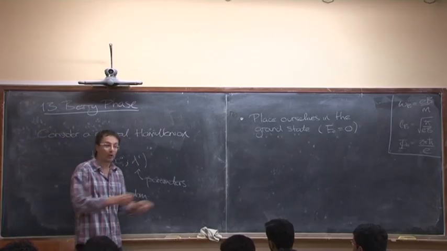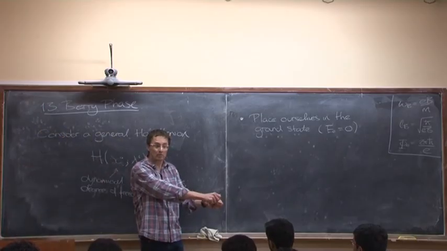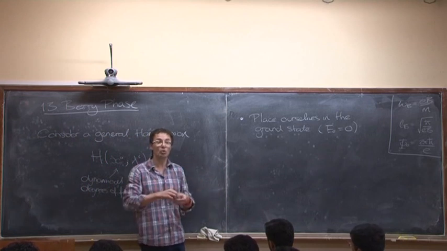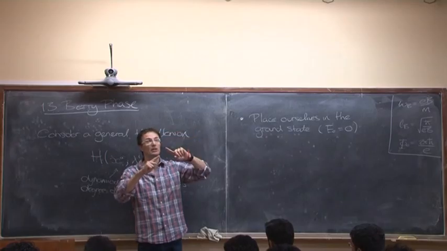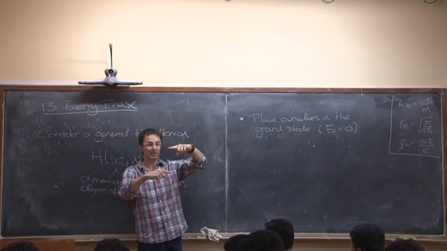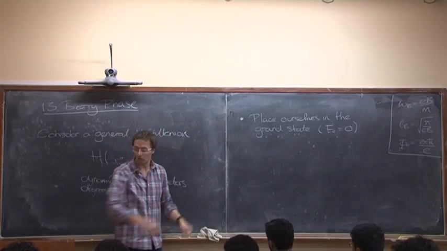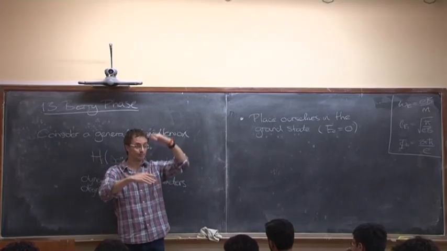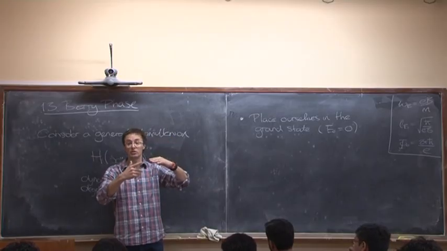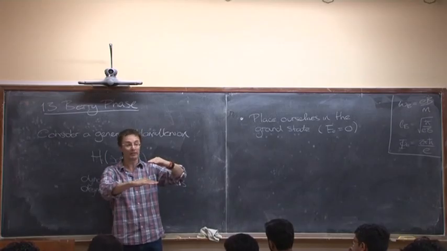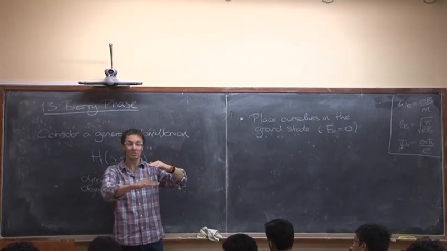Now what we do is the following. We go to our dials and we change our dials very slowly. Where slow means a time scale that's long compared to the gap between the state you're in and the next excited state. You vary these dials slowly, and the spectrum of the Hamiltonian is going to start to shift around. But there's a theorem in quantum mechanics called the adiabatic theorem, which says as long as you're suitably slow, if you place yourself in the ground state, you stick in that ground state as the spectrum shifts.